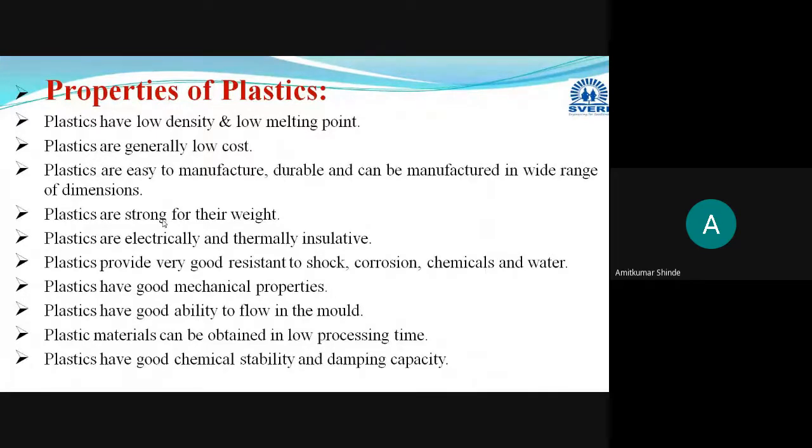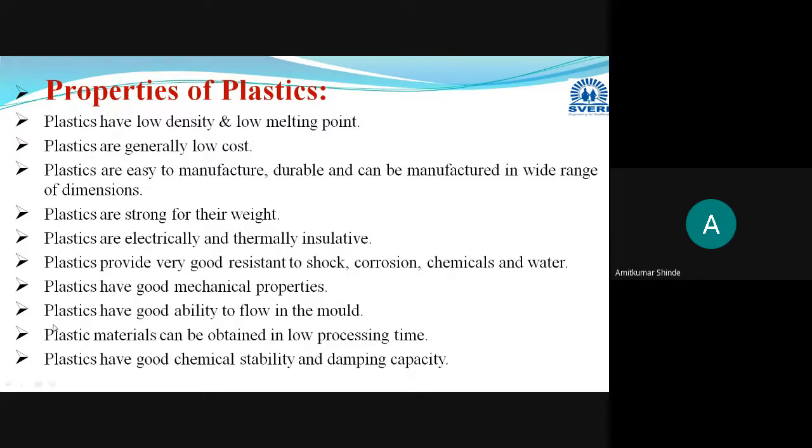Due to this basic property, they act as an electrical and thermal insulating material. And plastics provide very good resistance to corrosion, shock, and different chemicals, and better corrosion resistance in corrosive water also, meaning sea water.